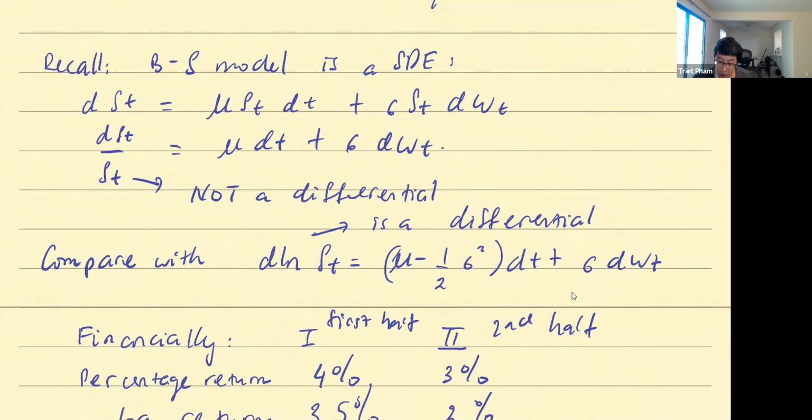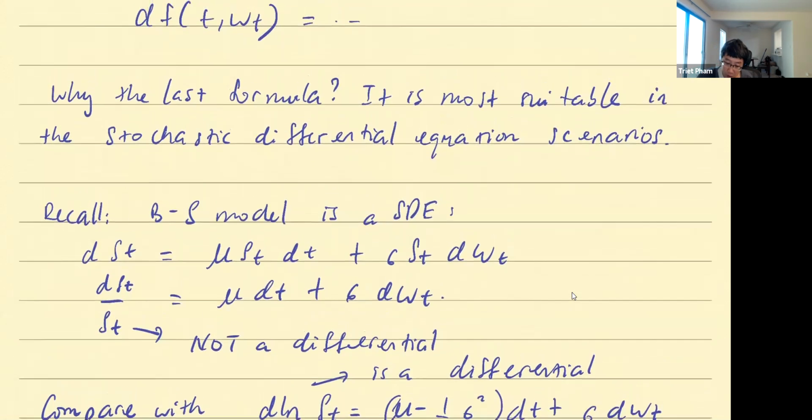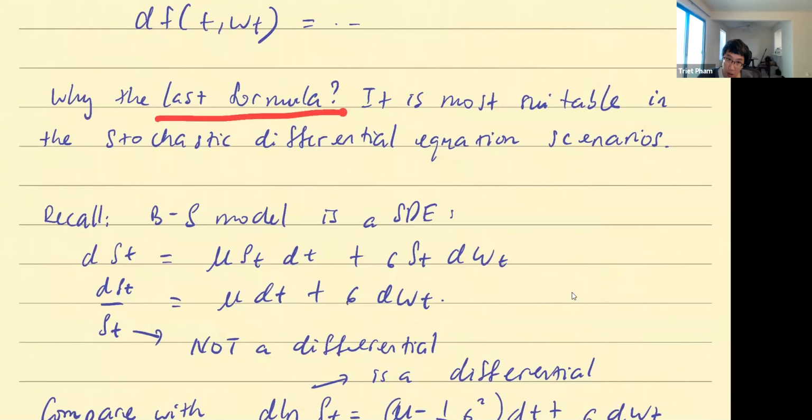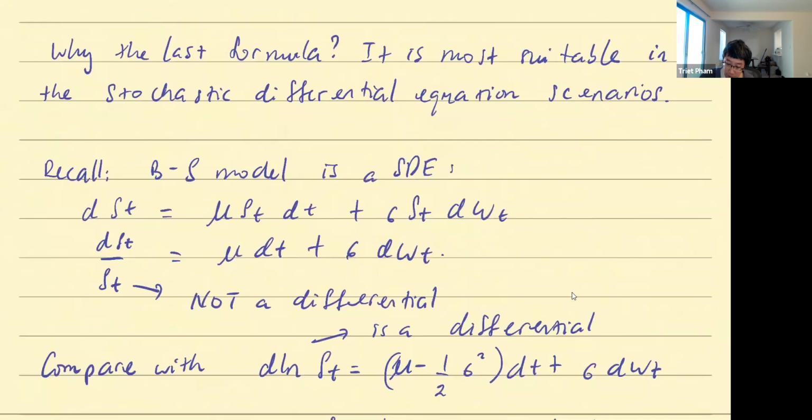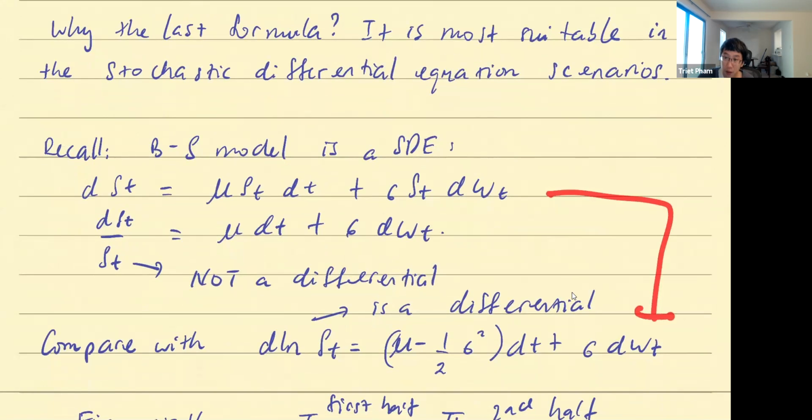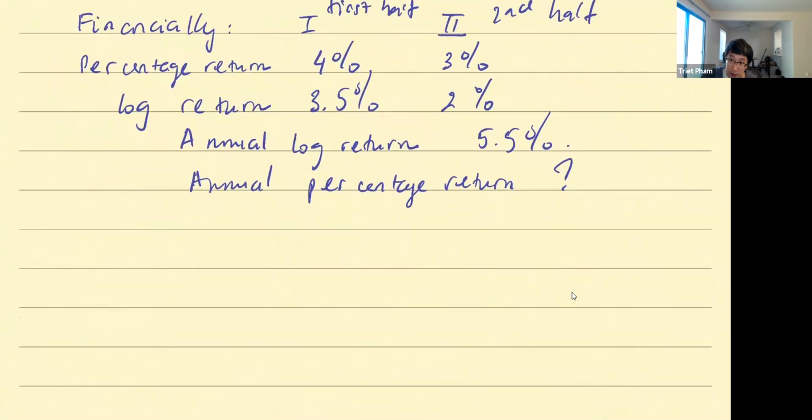Then the only thing available to you is the Ito formula. Because the Ito formula allowed you to operate with the differential, not knowing what the explicit solution is. You can go from here to here in a split second without knowing what ST really is. And that's very useful in practice, as I show you.